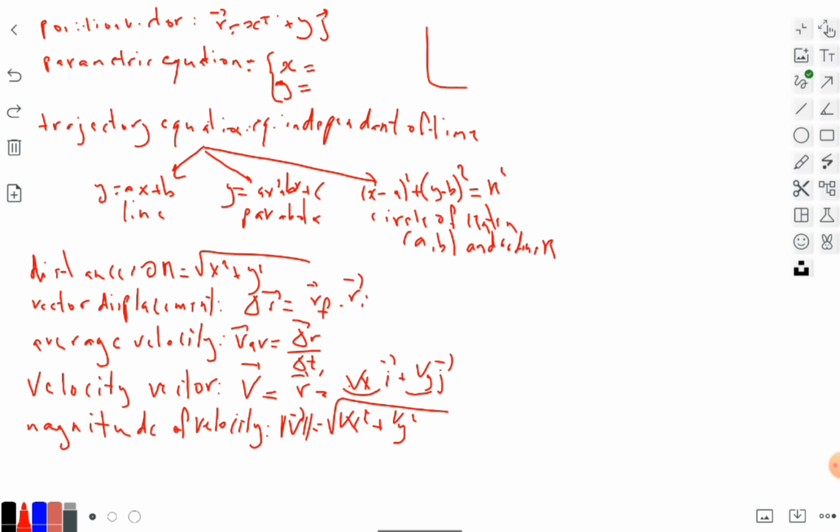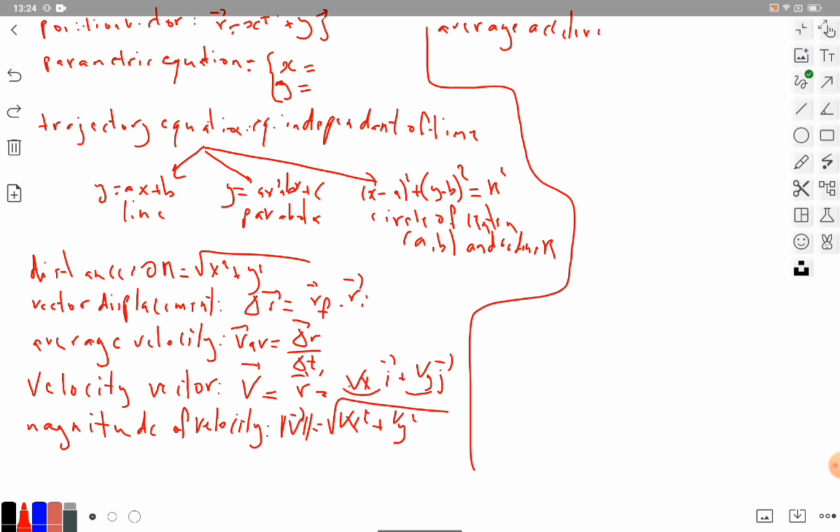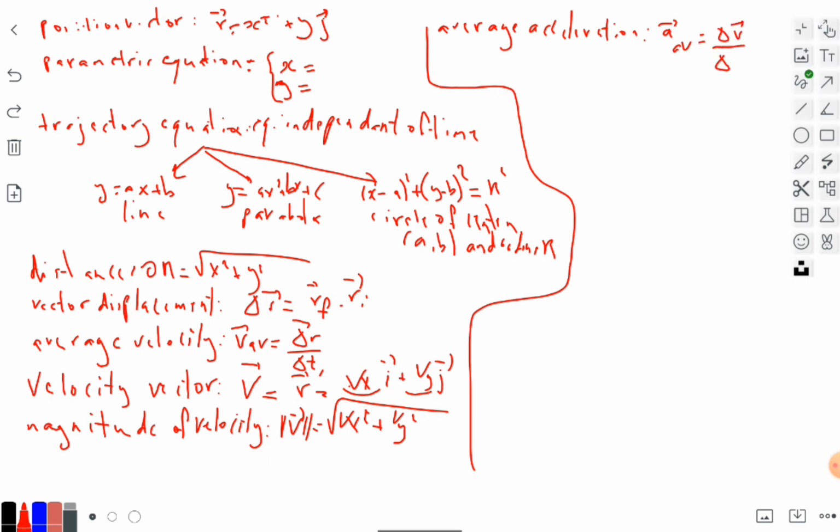Average acceleration, a average, equal delta v over delta t.